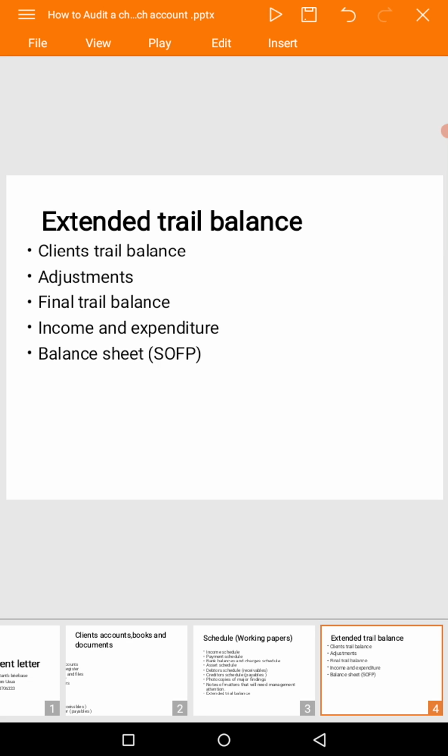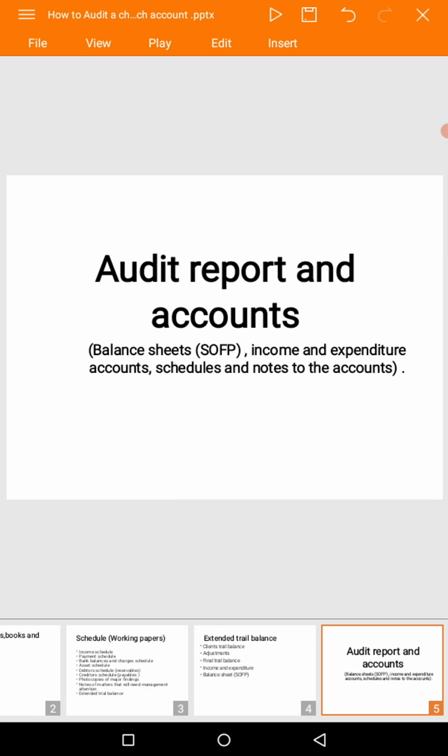I'll move to the next one, which is the audit report and the account. It is from the extended trial balance that I now prepare my account, and then from my working papers will now give me the overview of what I have done, and from there I can now express my opinion whether the books and the documents are in agreement with the final account the client gave me when I began the work.